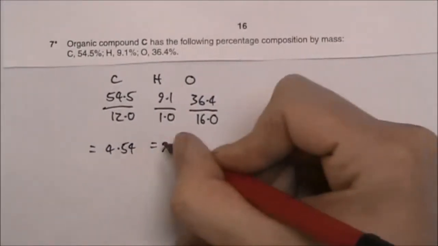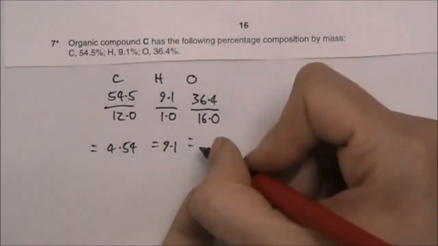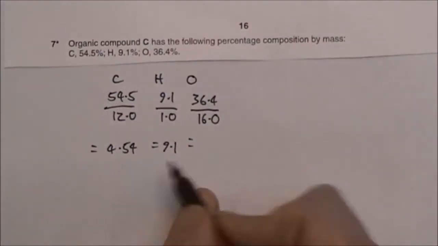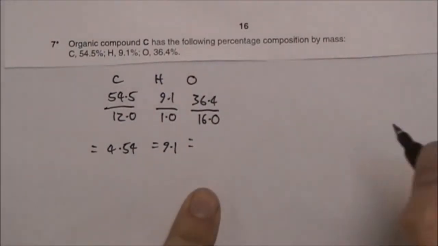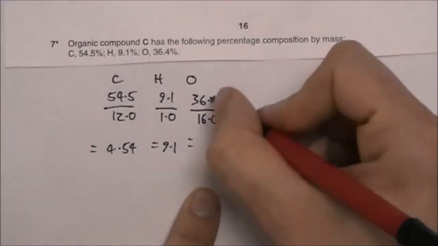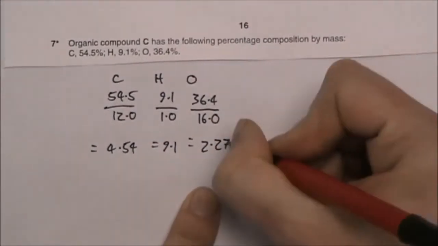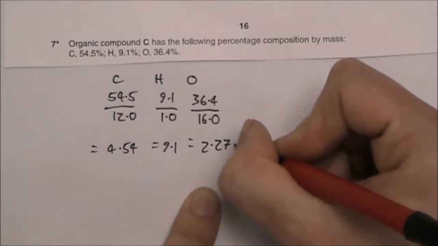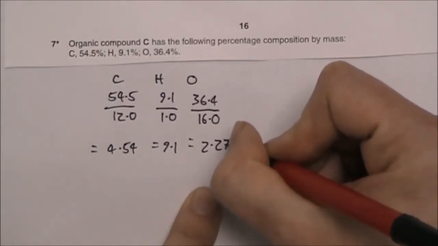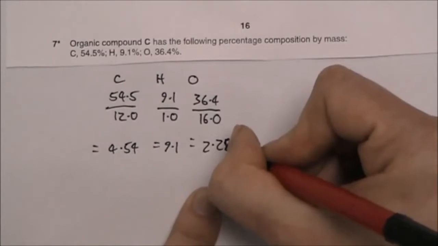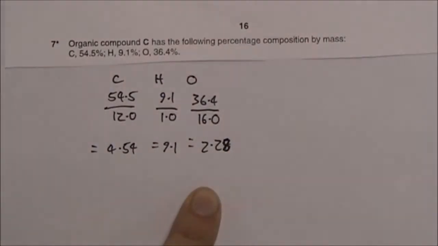I can already see what the ratio is supposed to be between those two, because that's roughly double that. And then the third one, if I put that through my calculator as well, I get 2.275. Let's just do it to 2 decimal places, why not? Okay, so we end up with 2.28 for that one.